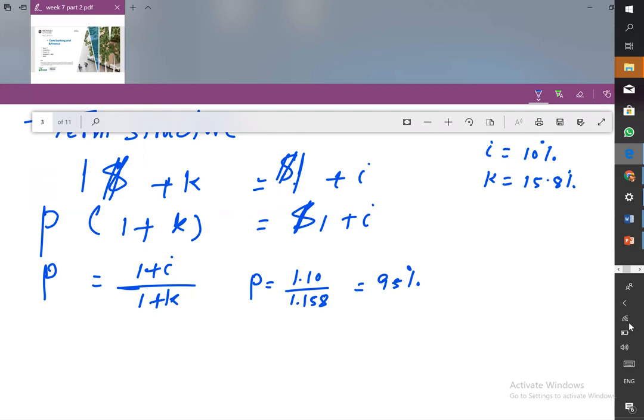So if the probability of payment is 95%, the probability of defaulting, which is 1 minus B, is 1 minus 95%, which should be 5%. This is the whole issue.